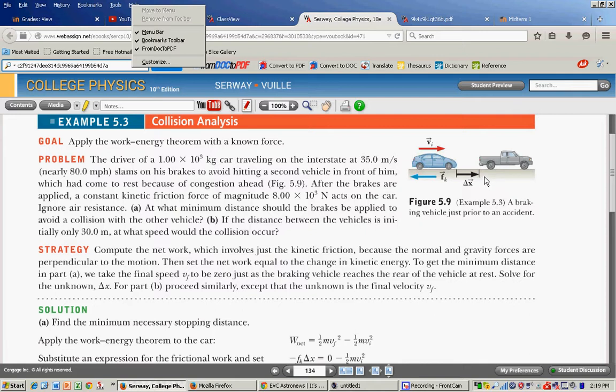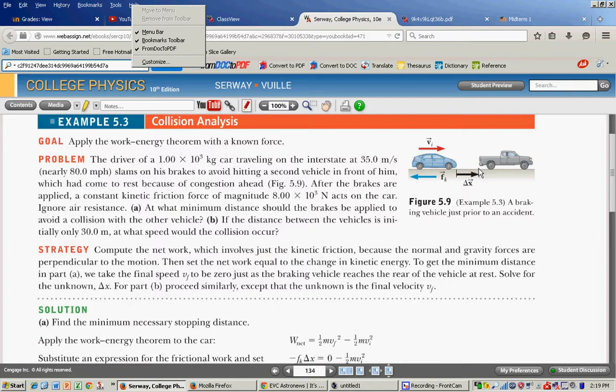So assume for now, you want to find del x, right? And you want this car to move del x so that it stops before colliding with this car. So del x has to be some distance that, luckily for the driver, is big enough so that the car is able to stop right here.